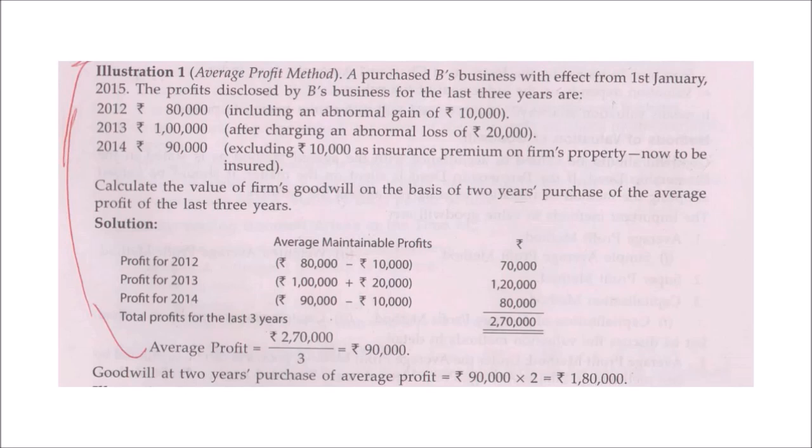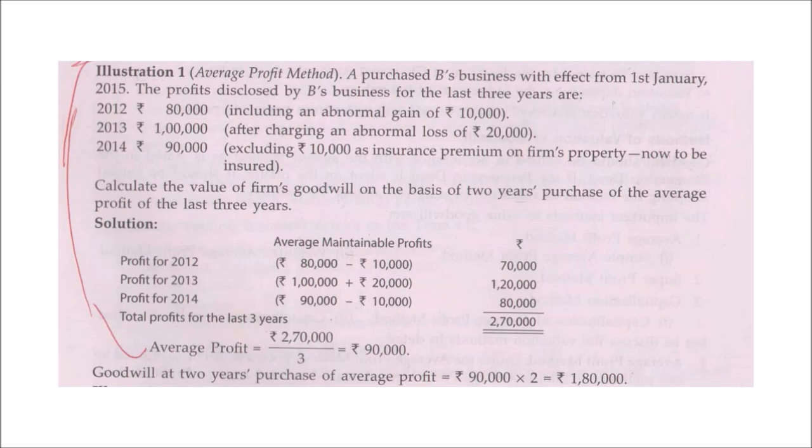In this question, abnormal gain of rupees 10,000 is given there in the year 2012. So subtract this amount from the given profit, 80,000 minus 10,000. Now you are getting 70,000 as the maintainable profit for the year 2012.